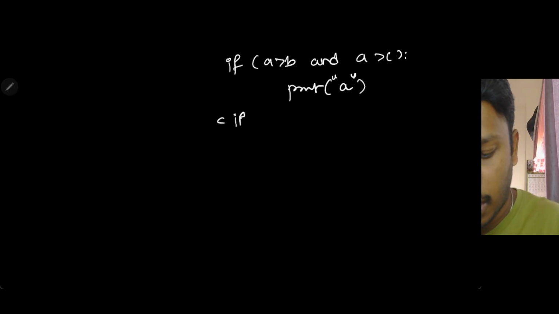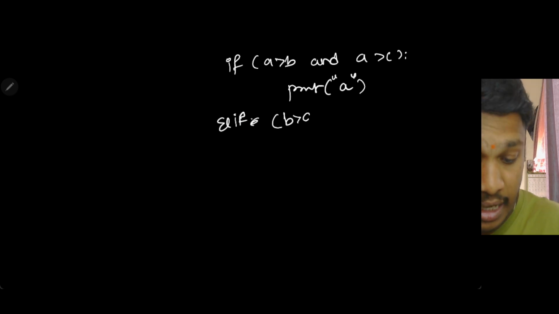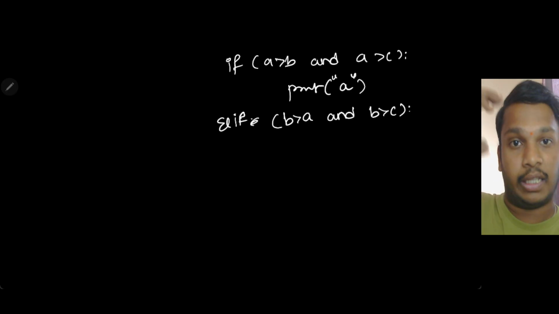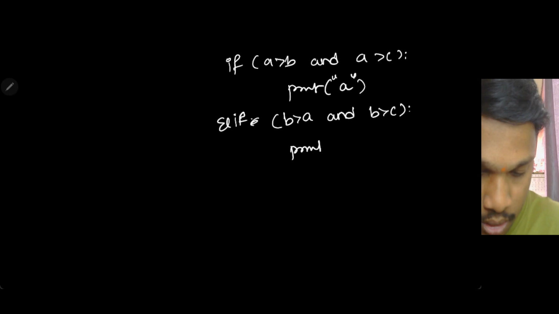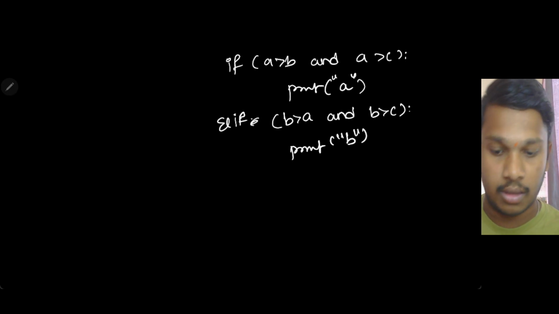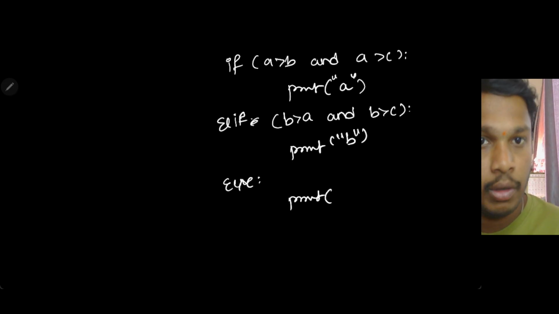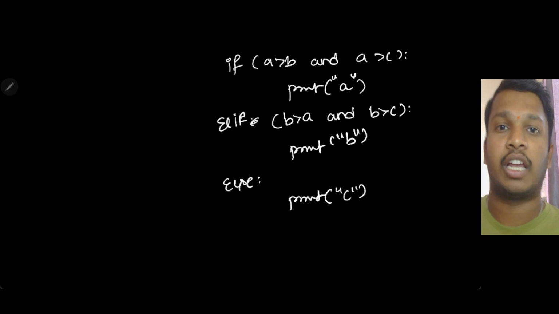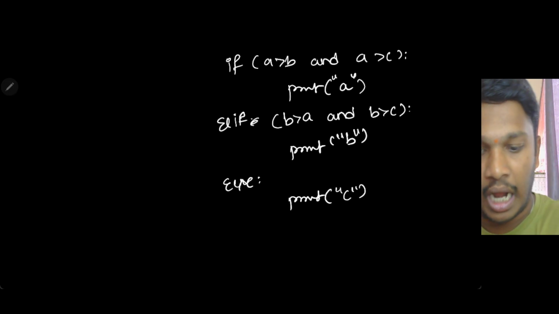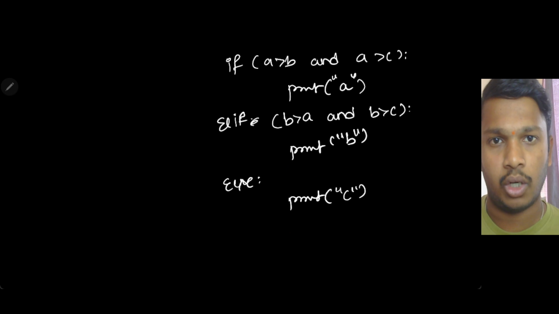Else if B greater than A and B greater than C, if B is greater than both, then you will print B. If both the conditions fail, by default you will print directly C. Am I right? Only two conditions basically. Every time in the last part, directly else you will encounter. So this is the very easy code.